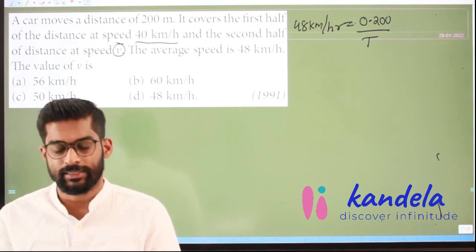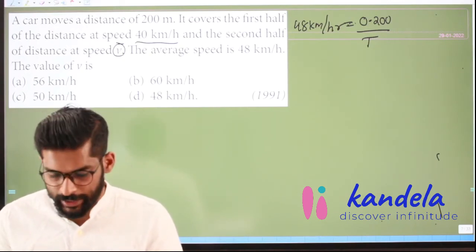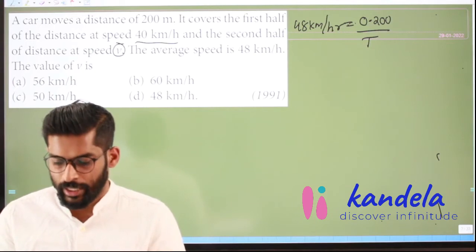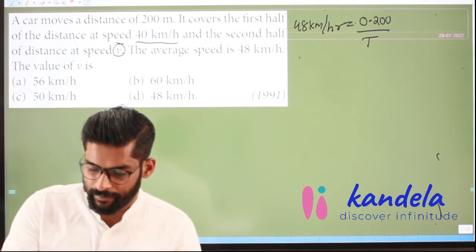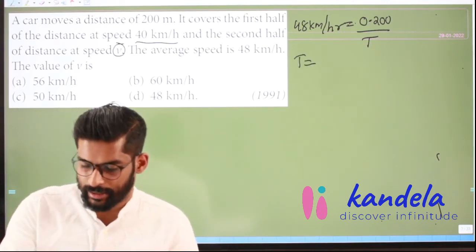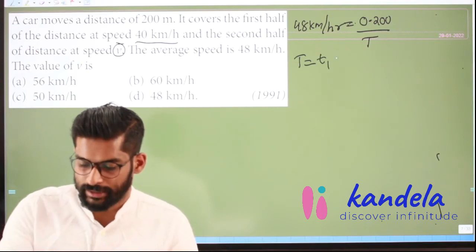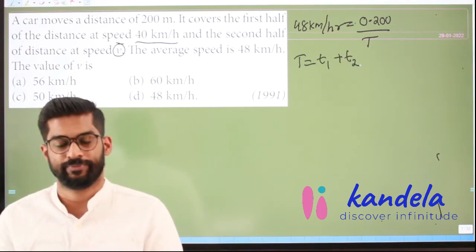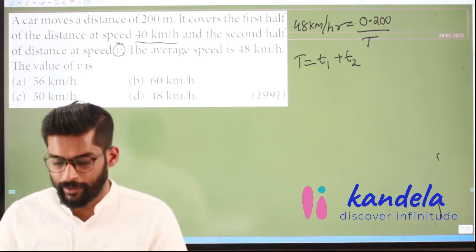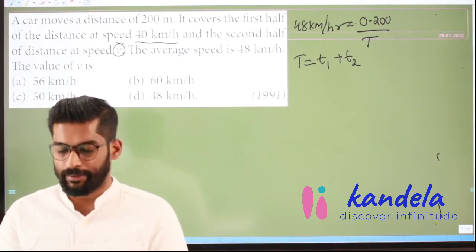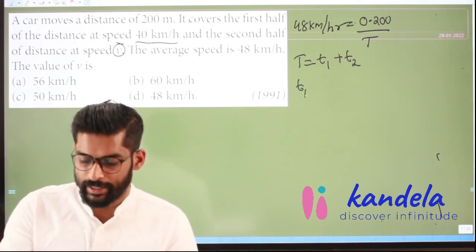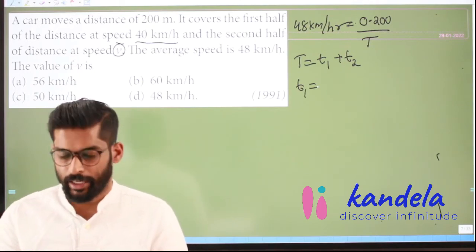Alright, this is my average speed for the whole journey. Now how can we find the time t? Time t is the time taken for the first half plus the time taken for the second half. Again we ask the question, how can we find the time taken for the first half? It is the distance covered in the first half divided by the speed.